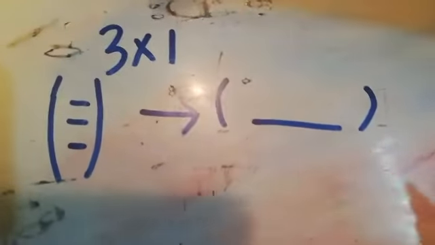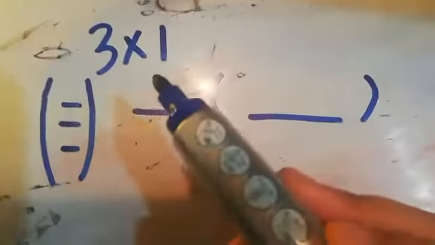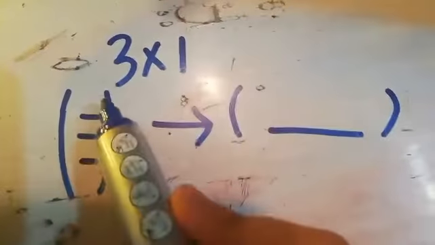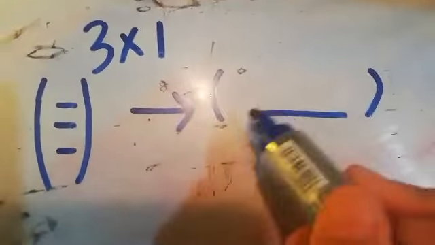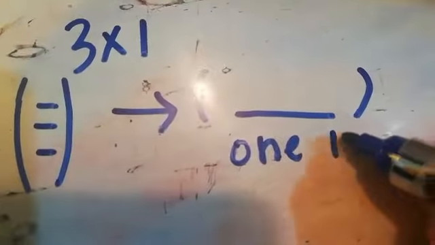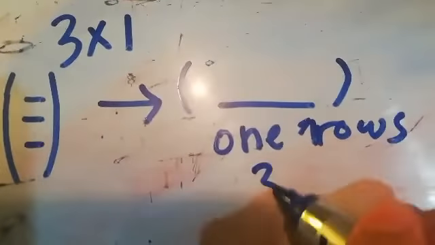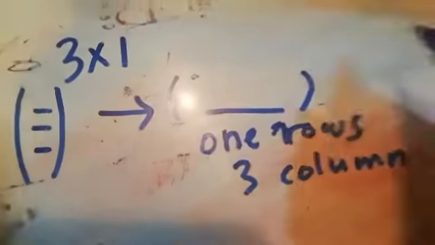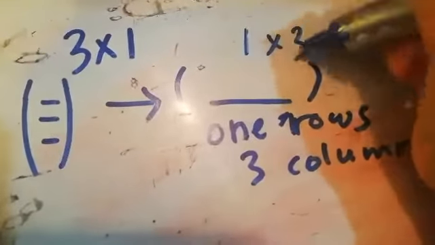So what we have to do is transpose the vector from 3 rows 1 column to 1 row and 3 columns, so we get 1 times 3.